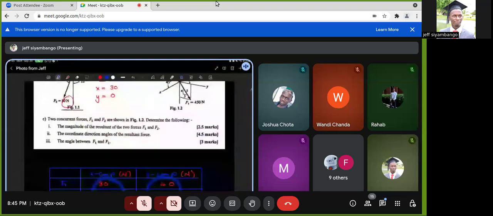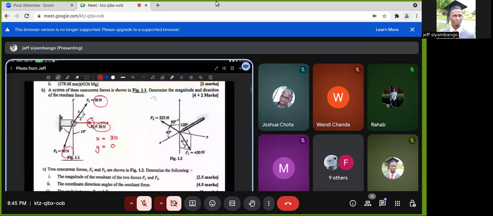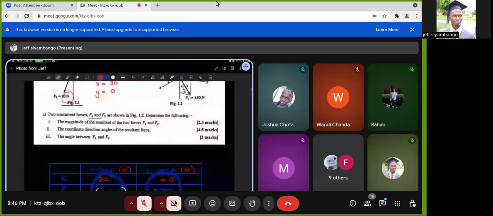Now leading us to part C. In part C, we now have this problem here. For this problem, what are we looking at? We have two forces, F1 and F2, as shown.